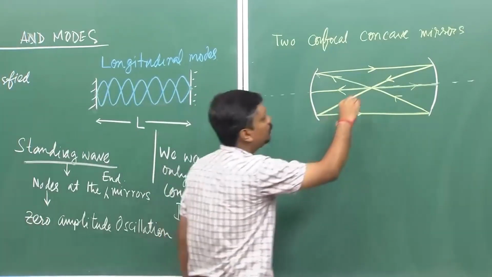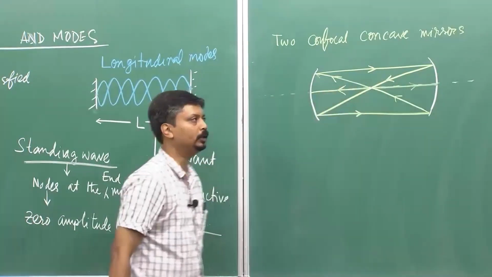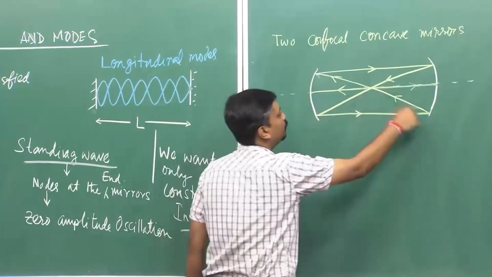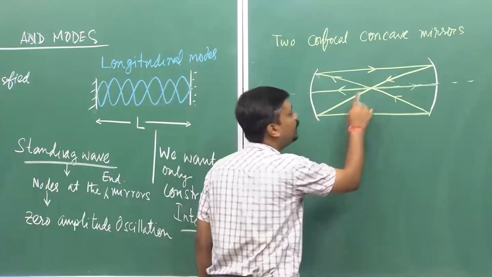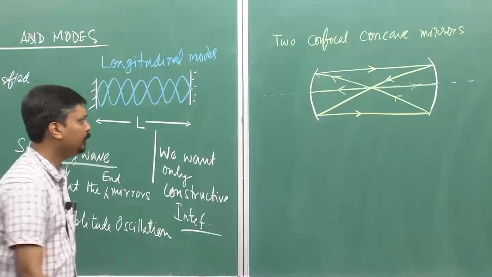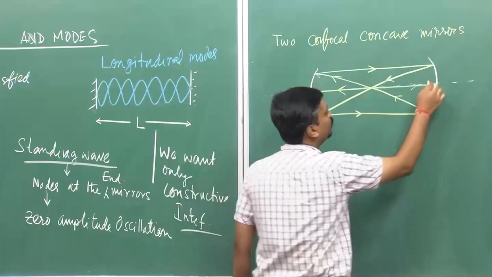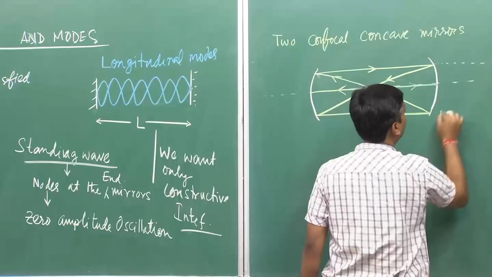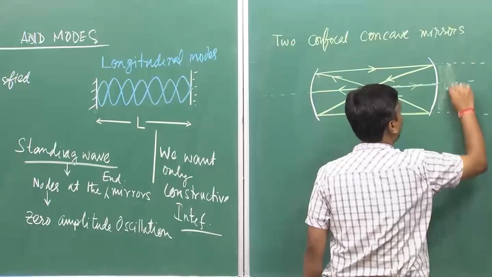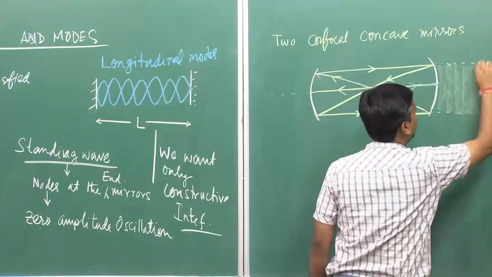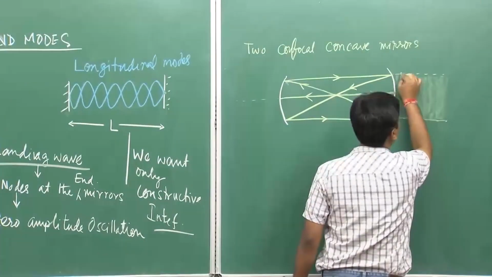So, slightly off axis photons are also now a part of this amplification process, and you see every round trip is passing through the active medium, because my active medium will be at this focal point, right. So, I am not losing, and ultimately when it comes out of the laser, I essentially have a beam like this, okay. Depending on my mirror system, this is my ultimate laser output.